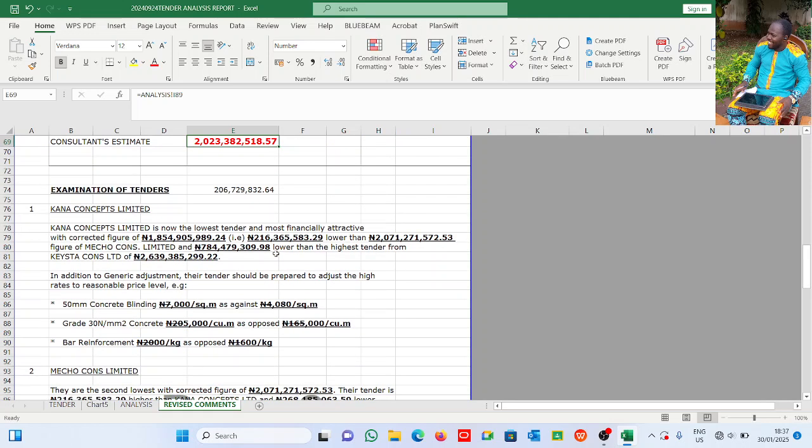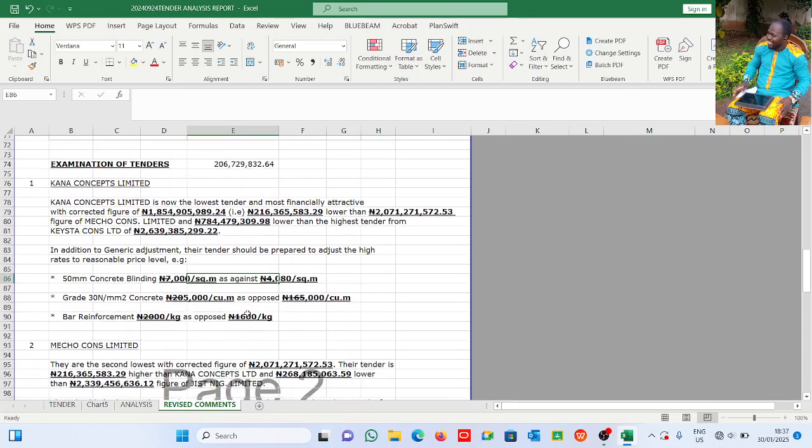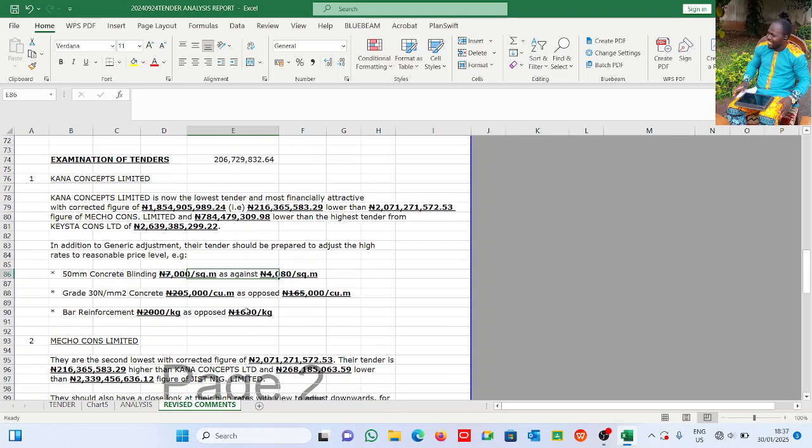All right, now some other comments. In addition to generic adjustment, whatever the tender, blinding was 7,000 per square meter instead of having it at 4,018 naira per square meter, and all in that order. You don't have to write everything in the report.